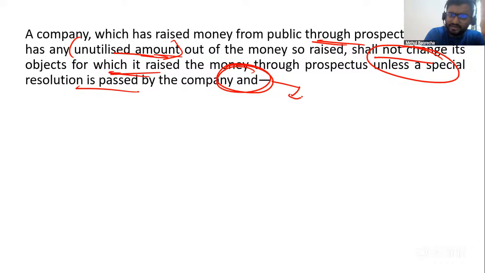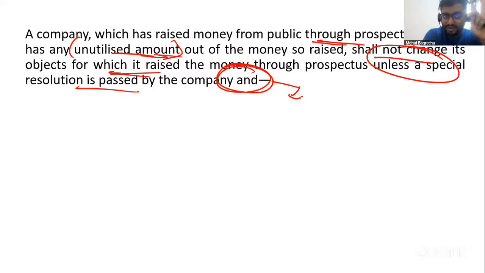In the previous example, out of 100 crores, 10 crores is what I have spent. I still have 90 crores. Can I go ahead and use this unutilized amount for anything else? Law says, wait, you cannot use it for anything else until and unless a special resolution is passed. Your members should be okay with it.